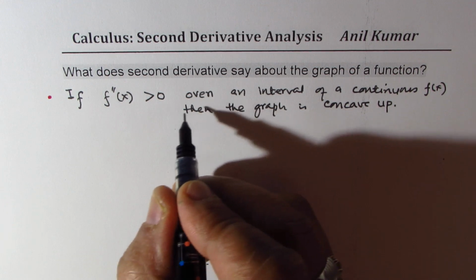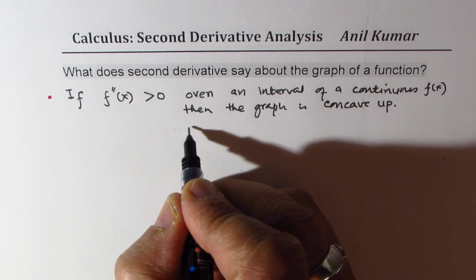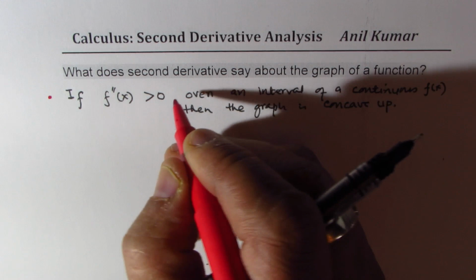We also saw that in this case, if the first derivative is this, this is the first thing we could infer.